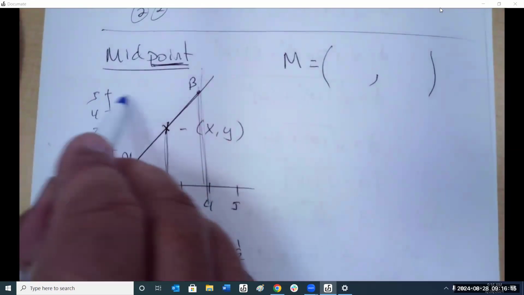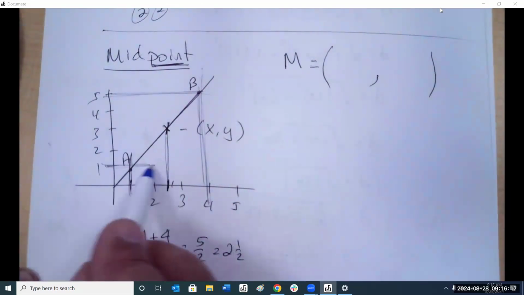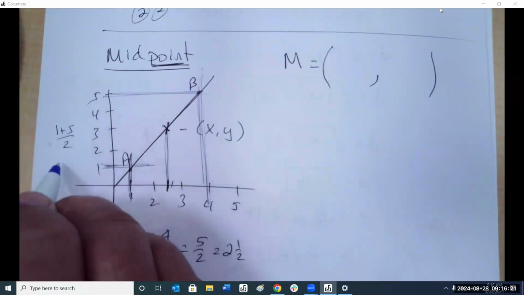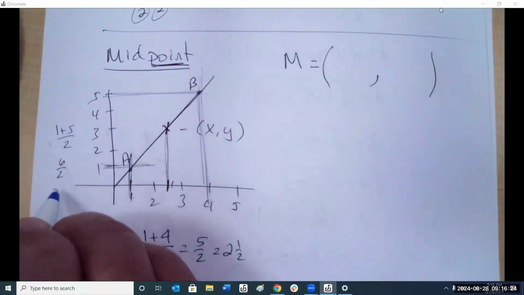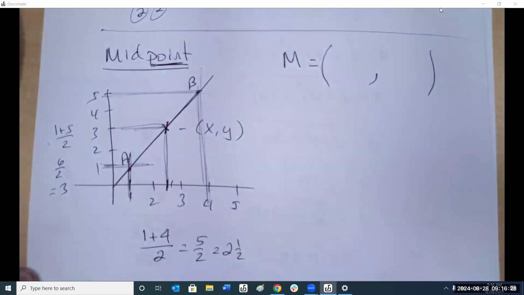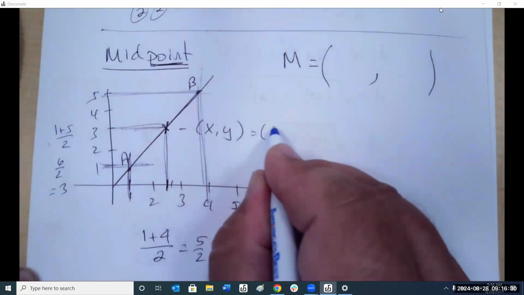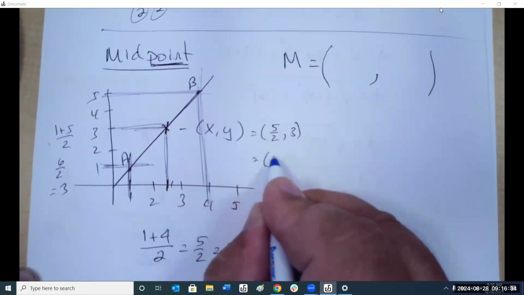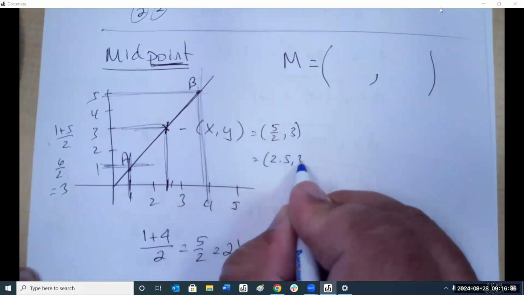Same thing on the vertical. 1 plus 5 divided by 2, so it's 6 divided by 2 equals 3. So the midpoint is, you could put 5 over 2 and 3. You could put 2.5, 3.